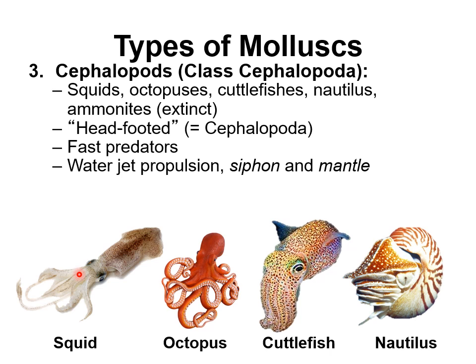How they move around is with water jet propulsion. On a squid, for instance, on the underside is its siphon, not that different from the siphon of a bivalve. It'll suck water into its mantle cavity and then shoot that water out through the siphon.